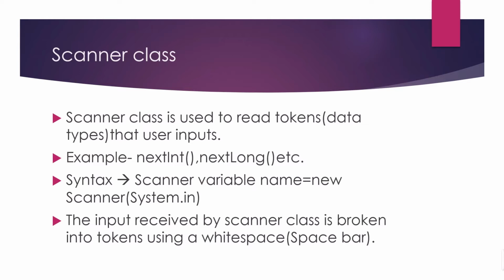The input received by the Scanner class is broken into tokens using white space. If we use two input methods, for example int a = ob.nextInt and we input 9, and in another we use double b = ob.nextDouble and input 2.3, and we print both, the program will print 9 first, and after some space 2.3 will print.